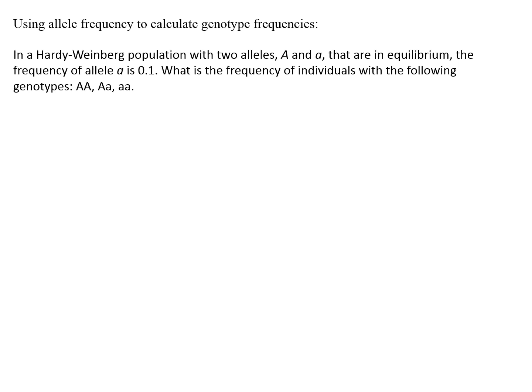So in this last problem, we're going to go the opposite direction. We're going to use allele frequencies to calculate genotype frequencies. So in this case, we're given information about two alleles, a dominant and a recessive, and we're told that the frequency of the recessive allele is 0.1. Well, if we remember our P plus Q equals 1, the recessive allele is denoted by the Q, so we basically know that Q is equal to 0.1.